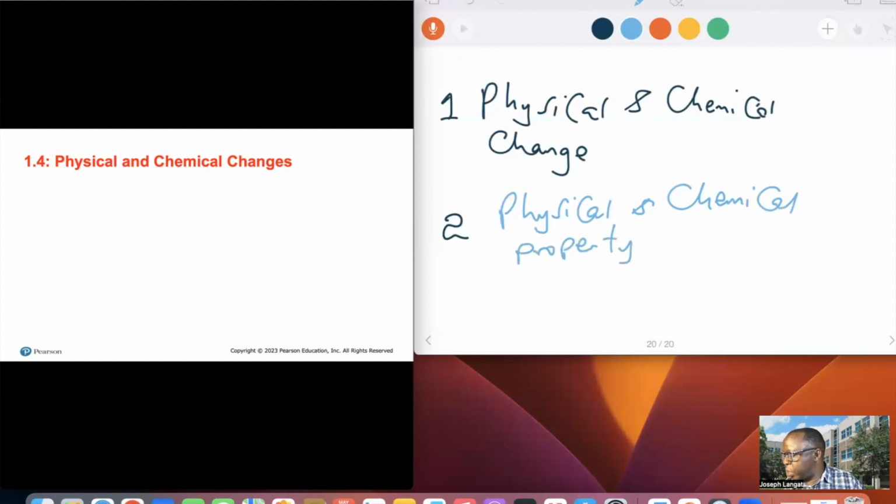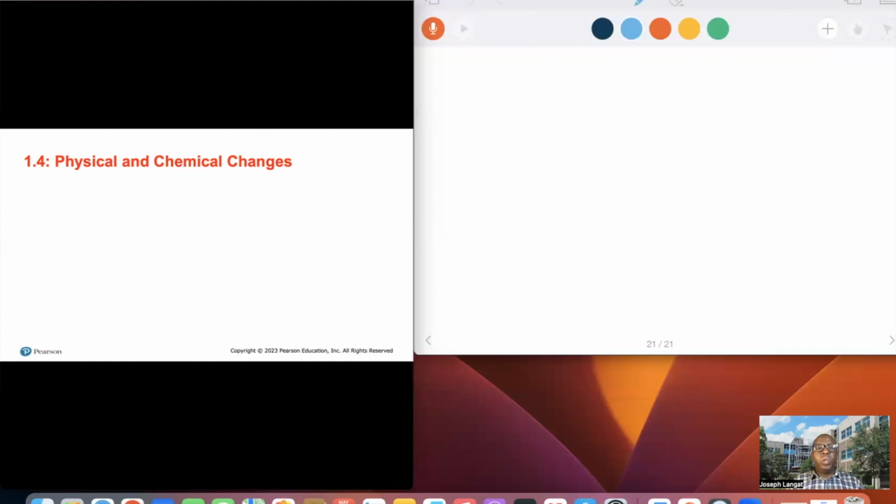Here we are talking about a change. When we say change, if I say change the position, that means you move from here to here. In this section, we should be able to classify a change as chemical or physical.